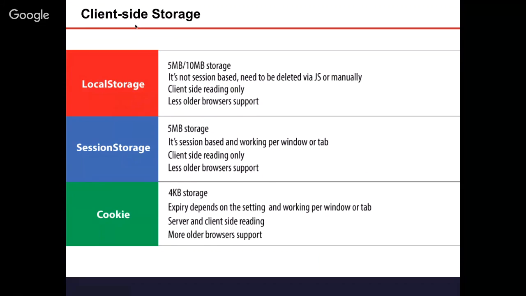It needs to be deleted using JavaScript, or cleared out. As you saw, we have that clear function. That's the only way to get rid of it, unless we manually do it in the browser like I did. It's client-side reading only, and has less support in older browsers. Per Nick's suggestion, there aren't a lot of older browsers that can handle it.